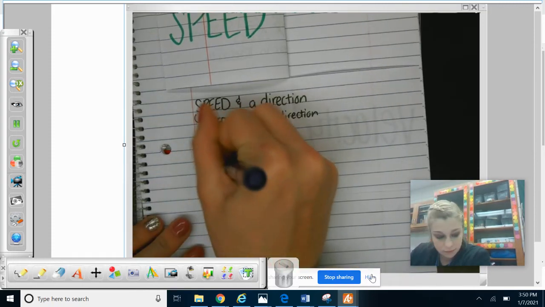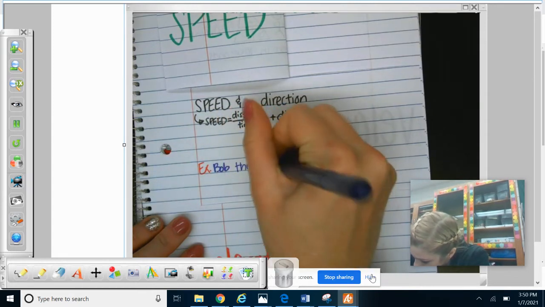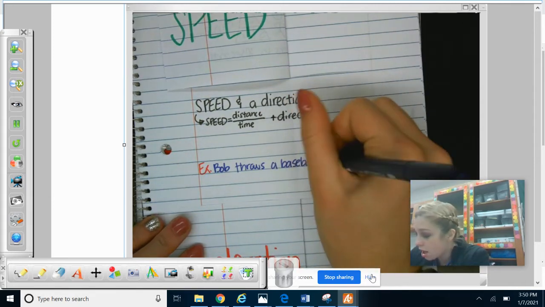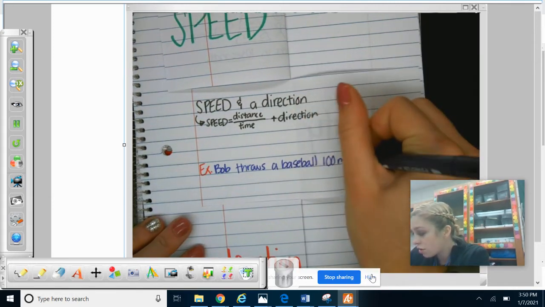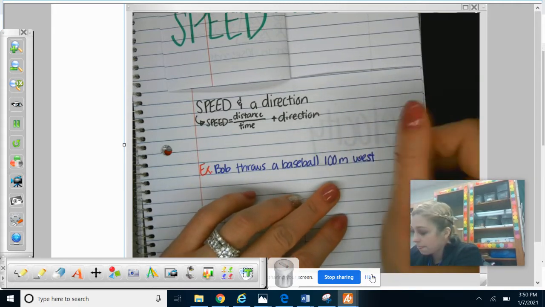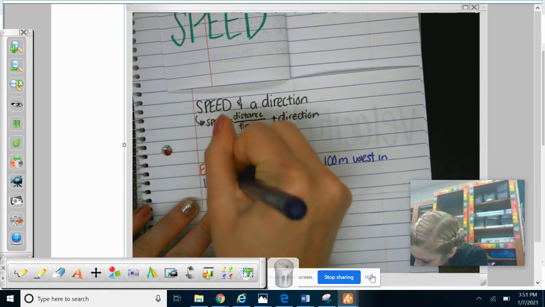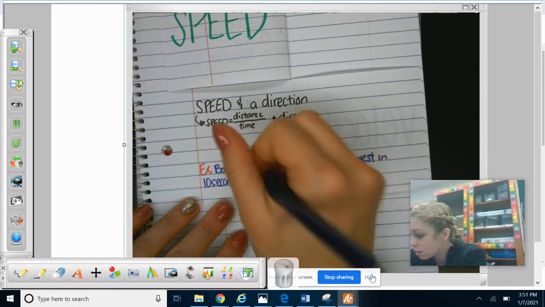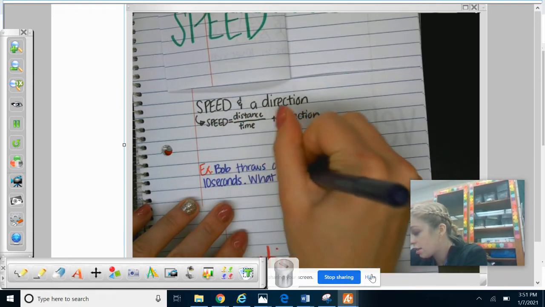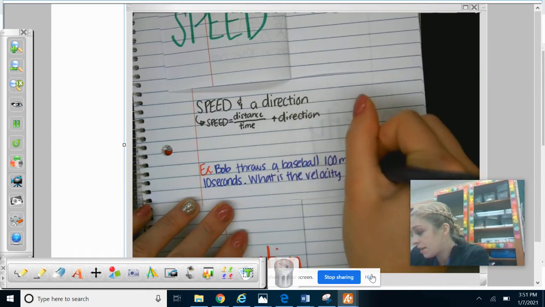Bob throws a baseball 100 meters west in 10 seconds. What is the velocity of the baseball?